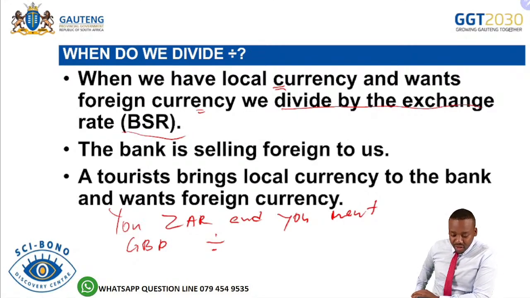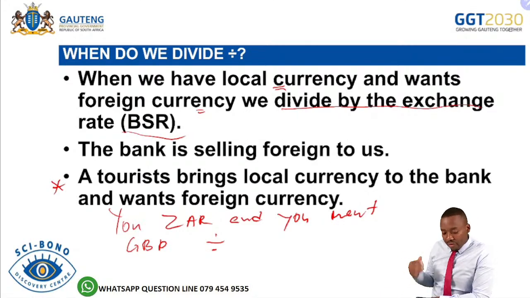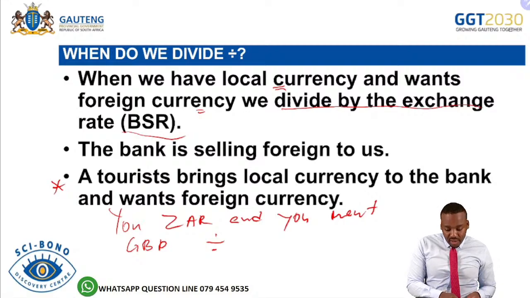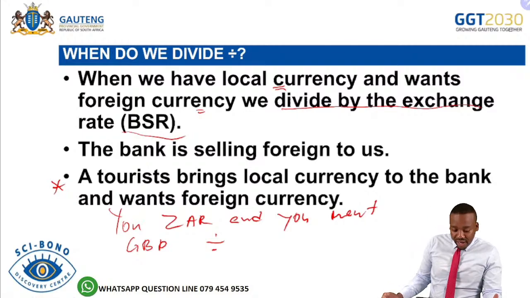Are you getting it? In this context, the bank is selling foreign currency to us. A tourist brings local currency to the bank and wants foreign currency. As I said, this is very important. It is about what the bank is doing for you, not what you are doing for the bank. We divide when we have local currency and want foreign currency.